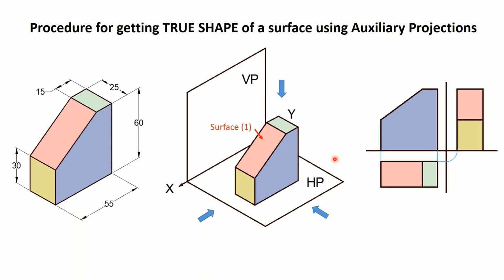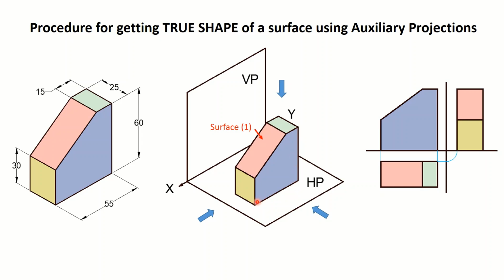Now in this case, if you look at the front, this gray colored surface here is appearing in its true shape. This is because this surface is parallel to the vertical plane. If a surface is parallel to the vertical plane, it means all the edges on that surface are also parallel to the vertical plane.